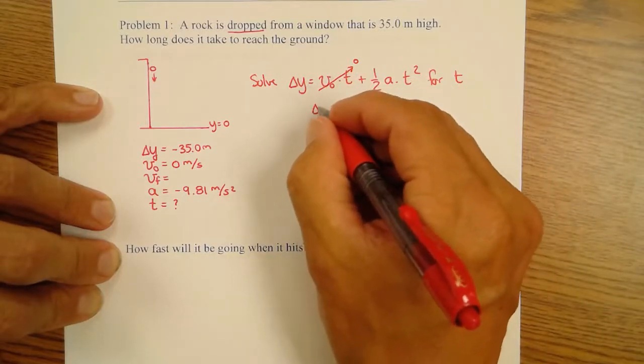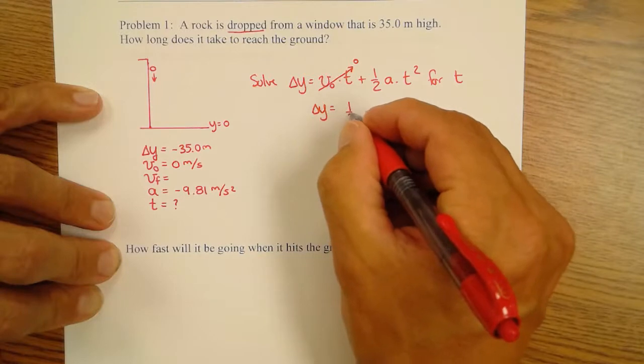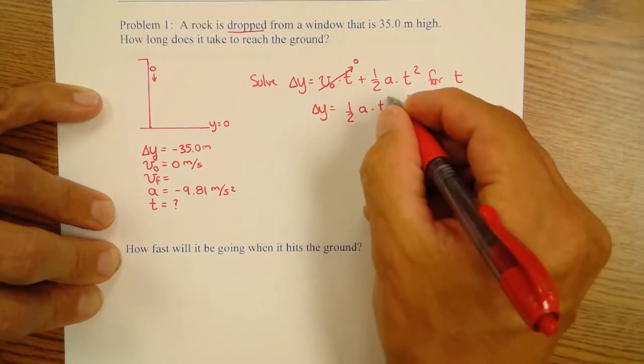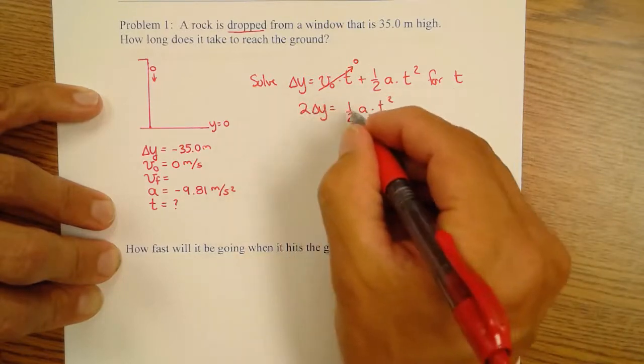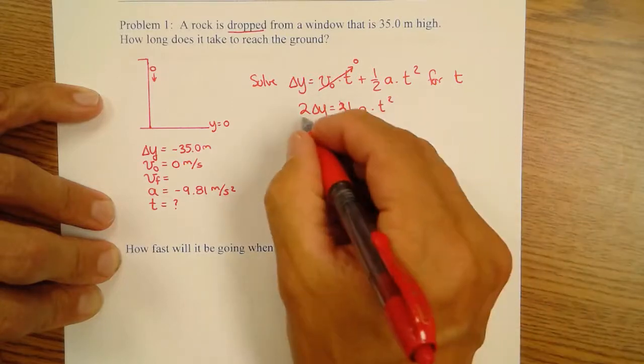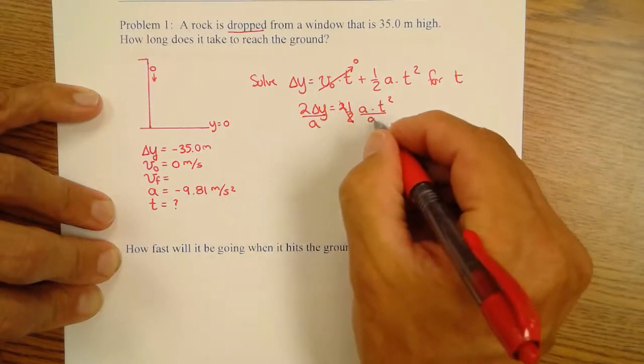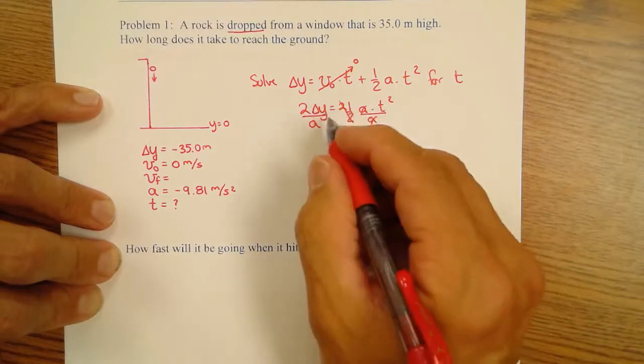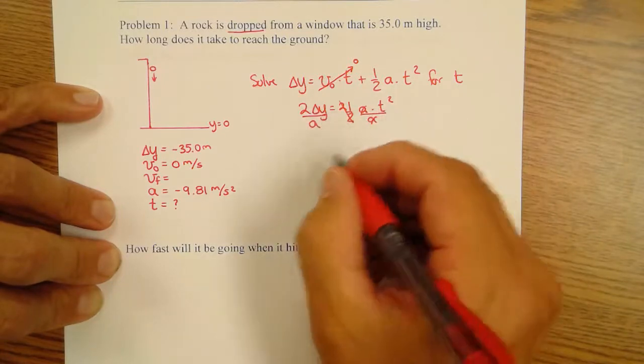So I'm going to get delta y equals 1/2 a times t squared. Multiply both sides by 2, and that cancels. Divide both sides by a, and that cancels, and we get t squared as this. Or if we want just t, I'll take the square root.